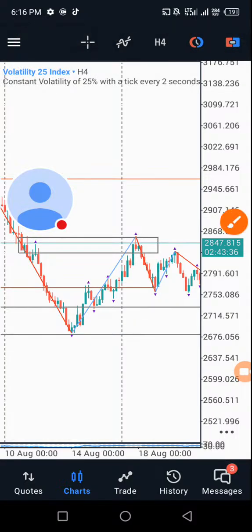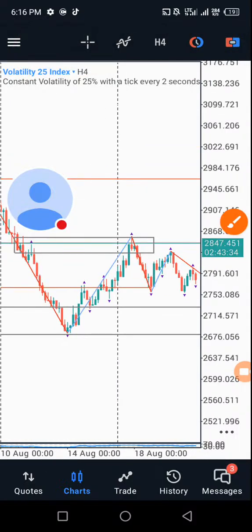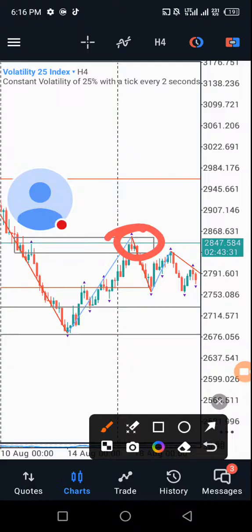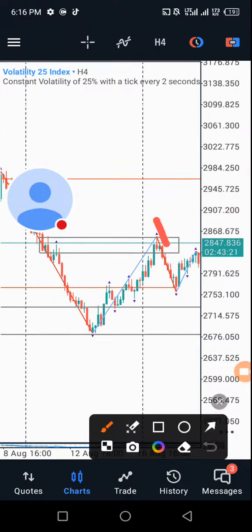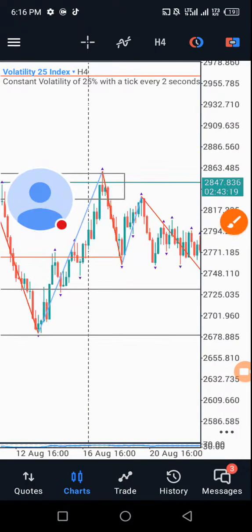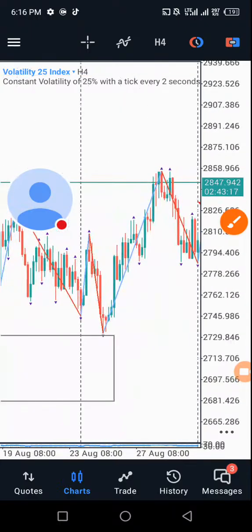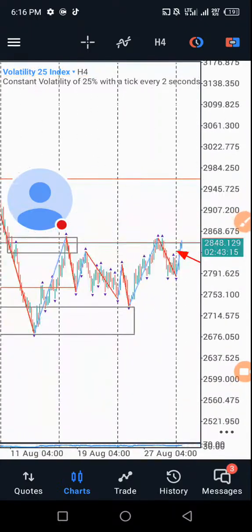Okay, so let's see the level that took out this high, because actually this is supposed to be our supply level, but for some reason price broke out of it. So let's look at where price actually broke out from there.